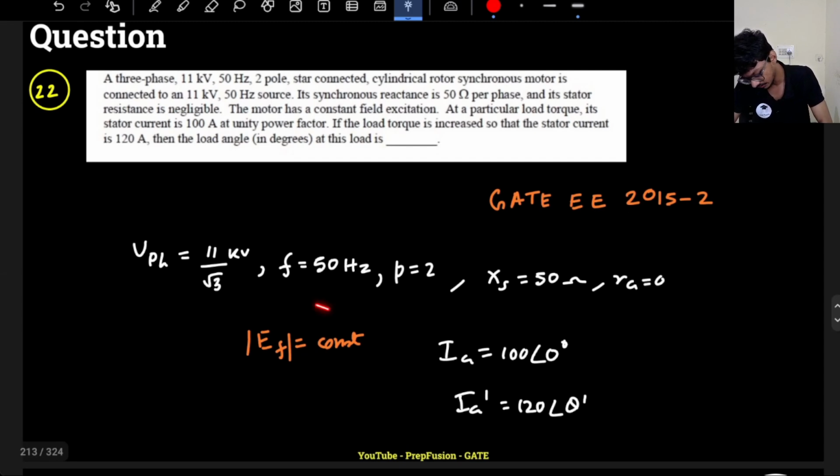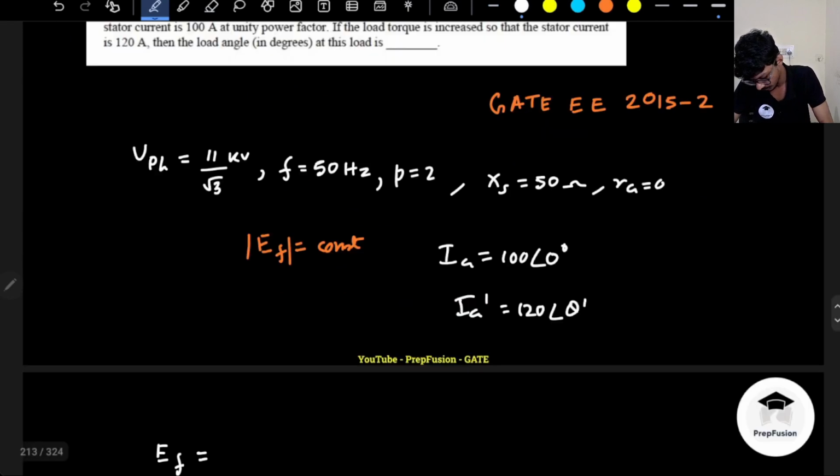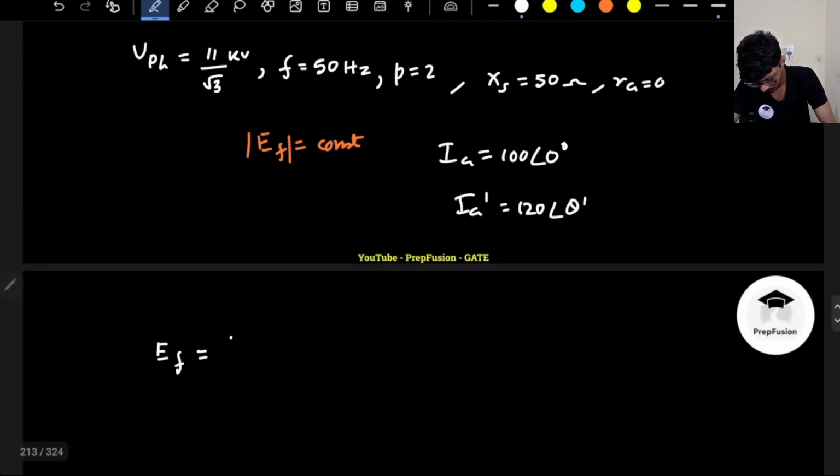If I use the initial excitation value, I can find the value of EF, because I know IA, I know V, I know XS. So EF will be equal to VT minus j IA XS.